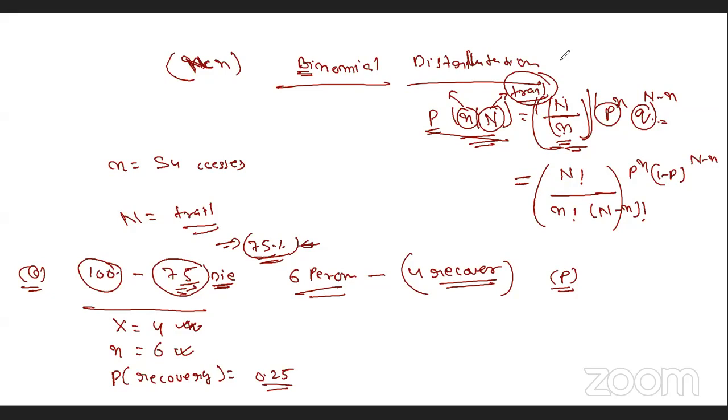Now the second thing is that the binomial distribution always gives you the probability of success out of a total number of trials.